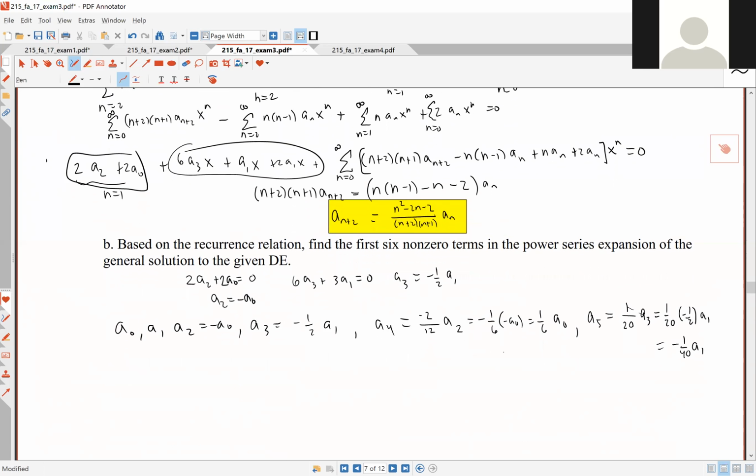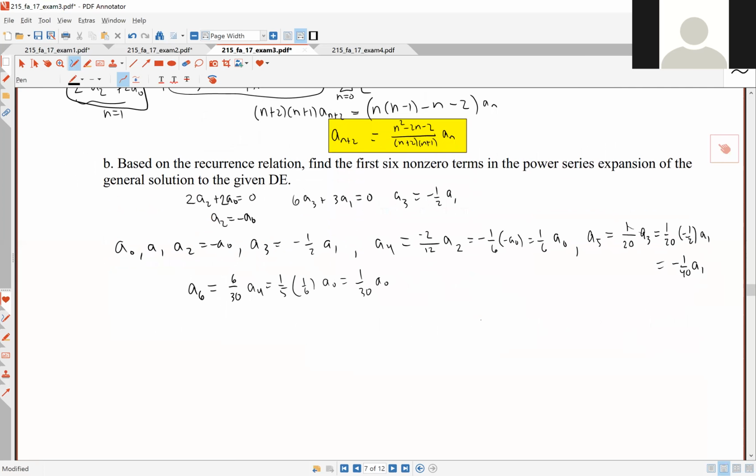I think that's the first 6 non-zero terms, but I took it one step further just to be safe. a6 turned out to be 6/30ths times a4, which is 1/5 times a4, which is 1/6 a0, which gave us 1/30th of a0.